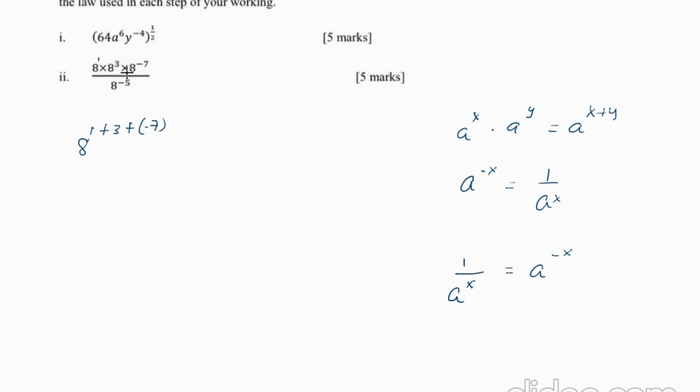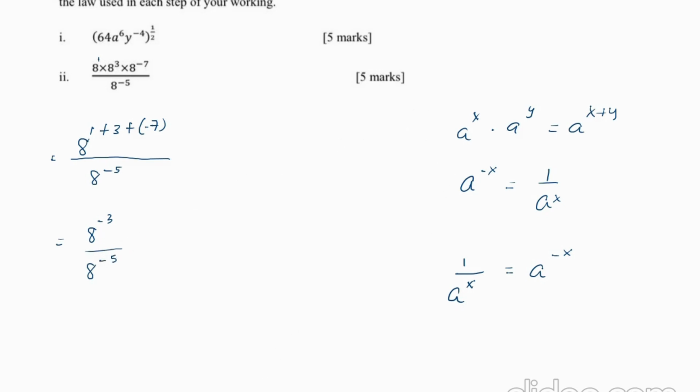We're multiplying here. All divided by 8 to the negative 5, right? So let's work up the top here first. So in the numerator, I have 1 plus 3 is 4. 4 plus a negative 7 is negative 3. So I have 8 to the negative 3 divided by 8 to the negative 5.